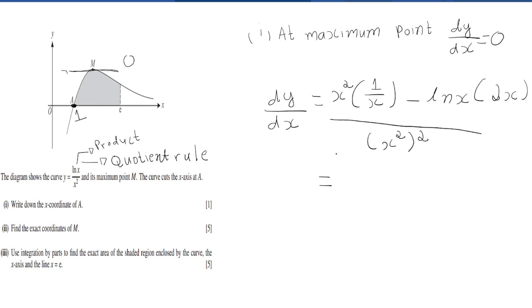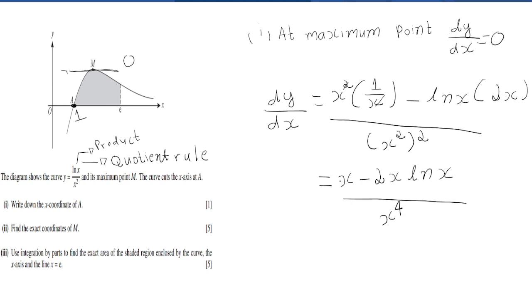So if I see, this and this get cancelled, so I get x minus 2x ln x, and I know that if I do this, the powers are going to get multiplied and I'm going to get x to the power 4.